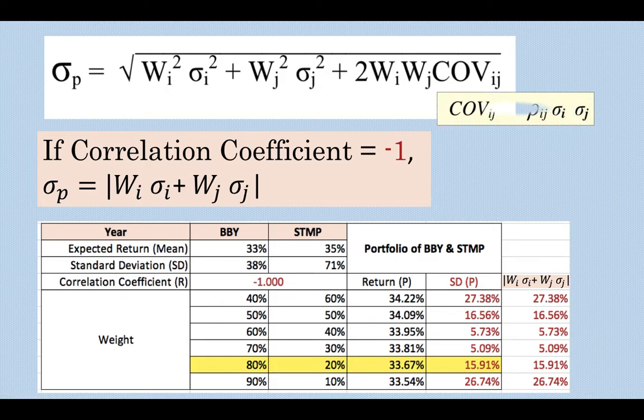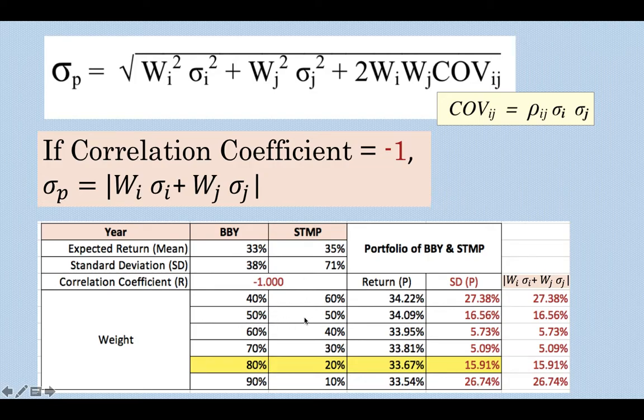Again, say the correlation coefficient equals -1. This one is actually a minus sign. Then your standard deviation will decrease dramatically.